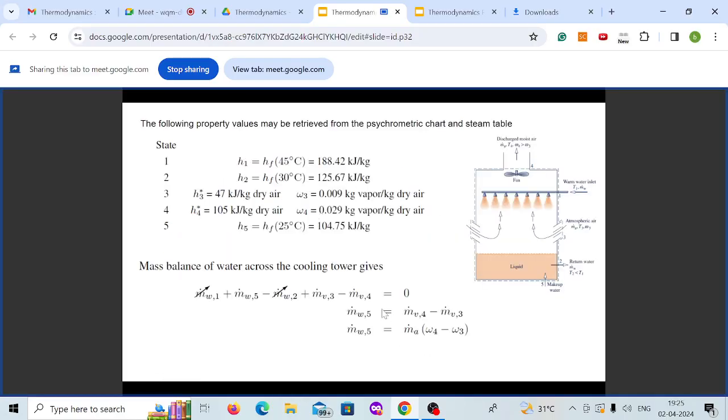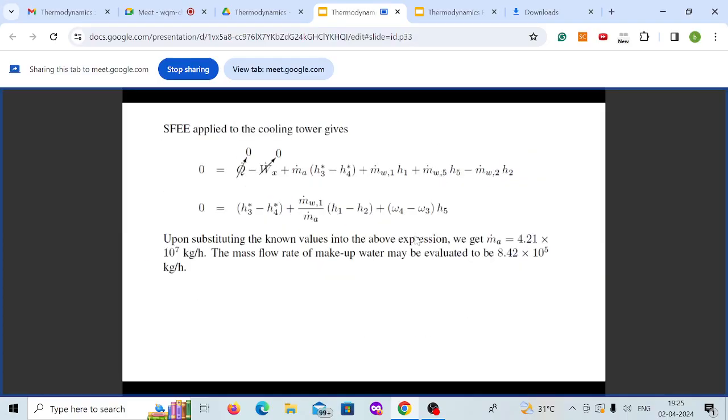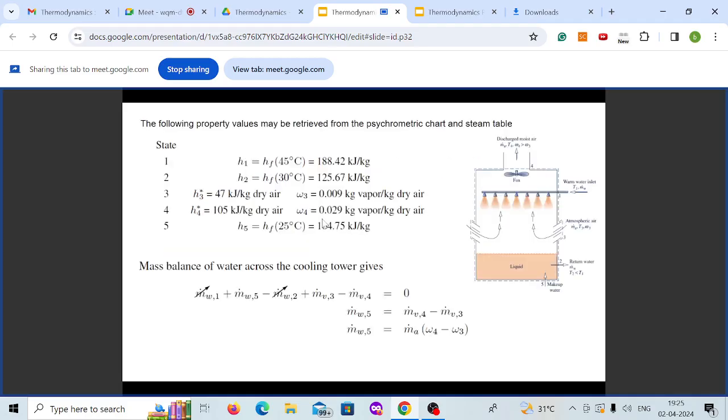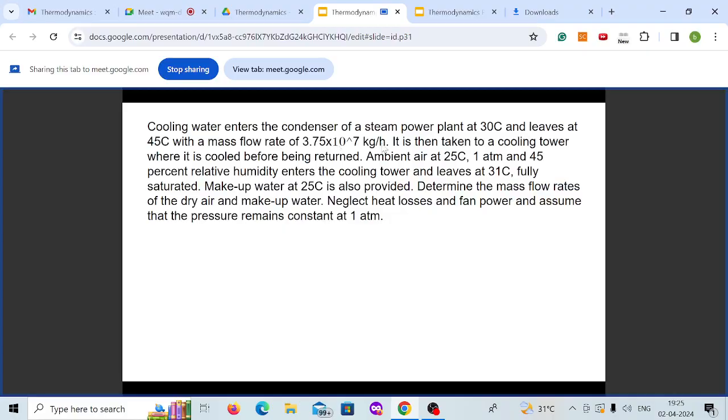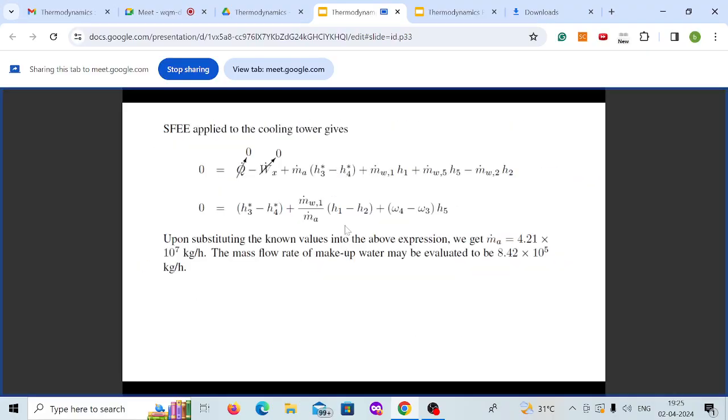So we have a relation for makeup water and mass of air. Substituting that and all the enthalpy values, we can find the mass of air, because the mass of inlet water is given as 3.75 times 10 to the power 7 kg per hour. So the mass of dry air required is 4.21 times 10 to the power 7 kg per hour.